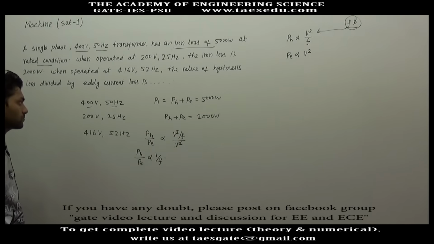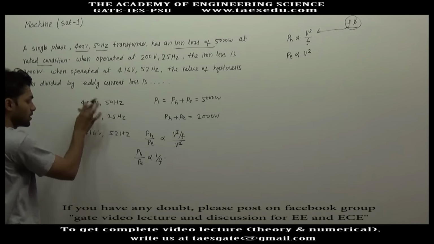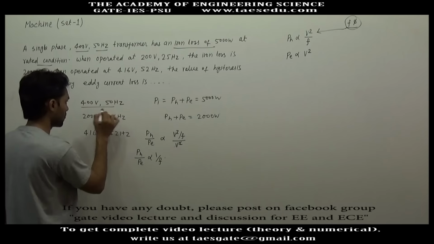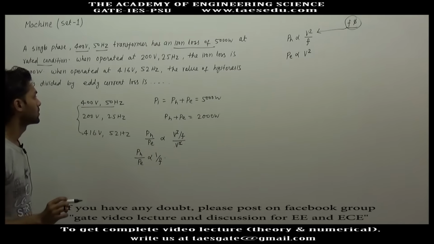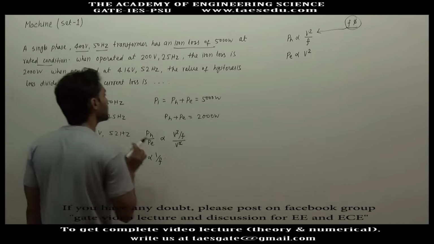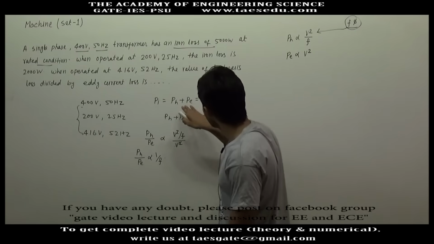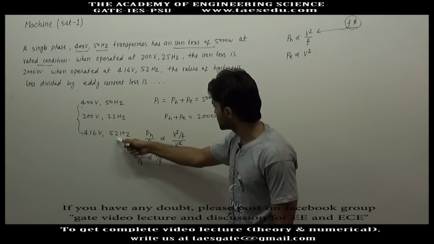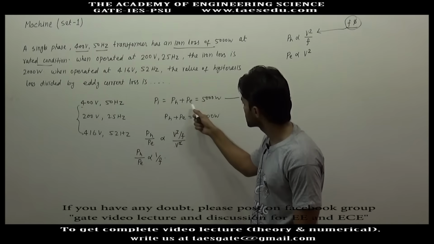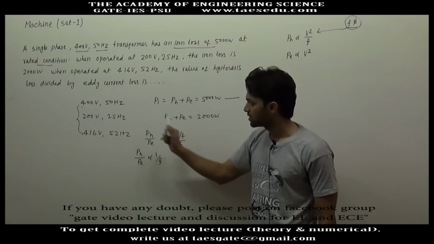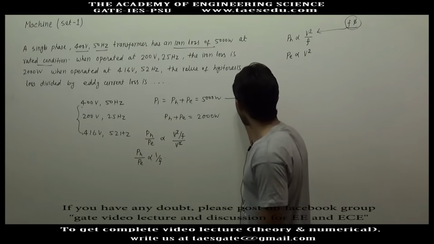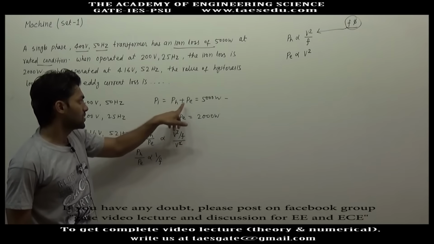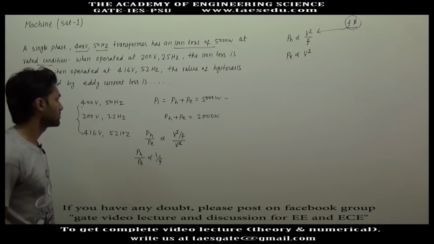In all these three cases we have frequency. So if you know the ratio of PE and PH in the first condition, we can find out the ratio in the third condition also. To find out the ratio, we need to calculate the exact values of PH and PE. We have two equations here.